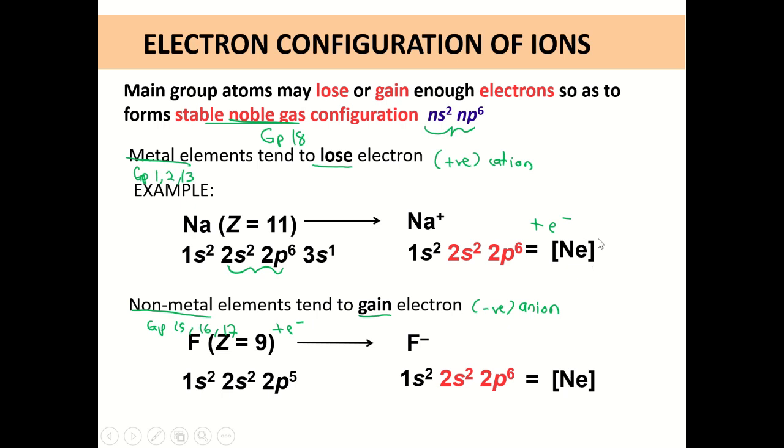Neon is an element from group 18, which is the noble gas group. Therefore, remember, atoms tend to lose or accept electrons in order to achieve the stable noble gas configuration or the stable octet configuration.